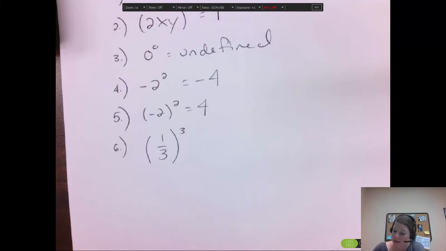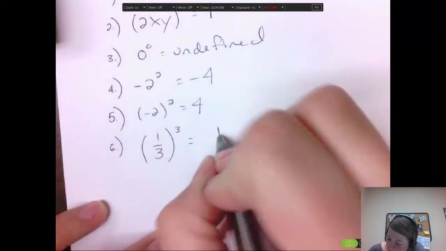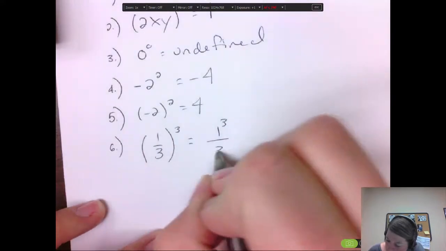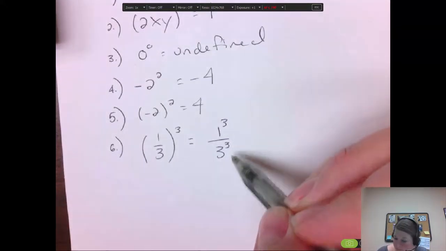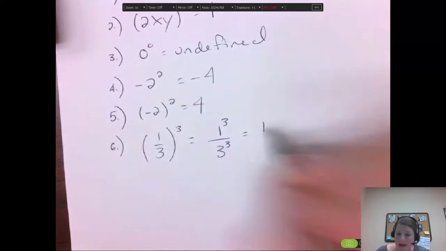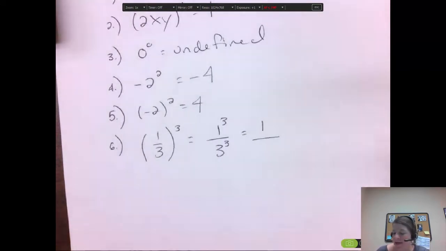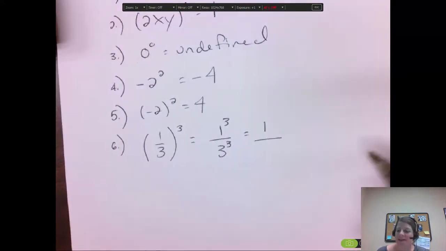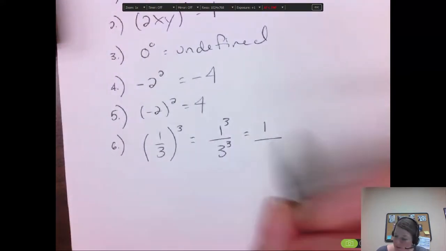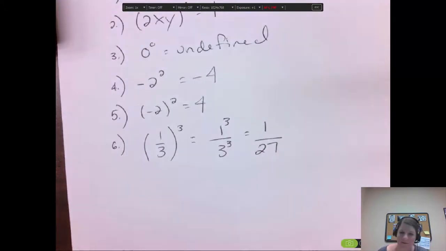What we want to think of this as is I can break it up into 1 to the 3rd over 3 to the 3rd. So that exponent can move onto the numerator and denominator separately. 1 to the 3rd would just be 1, right? Because 1 times 1 times 1 is 1. And 3 to the 3rd is 3 times 3 times 3. 3 times 3 is 9, and 9 times 3 makes 27.